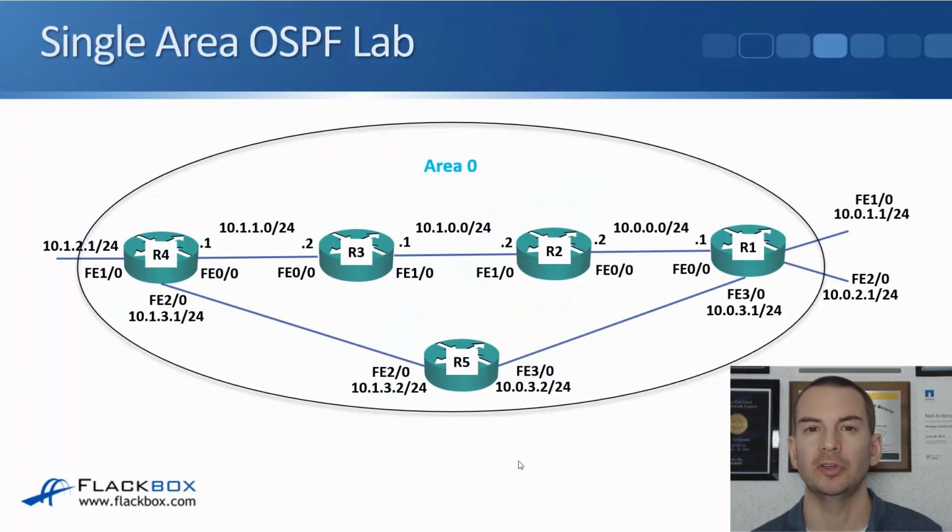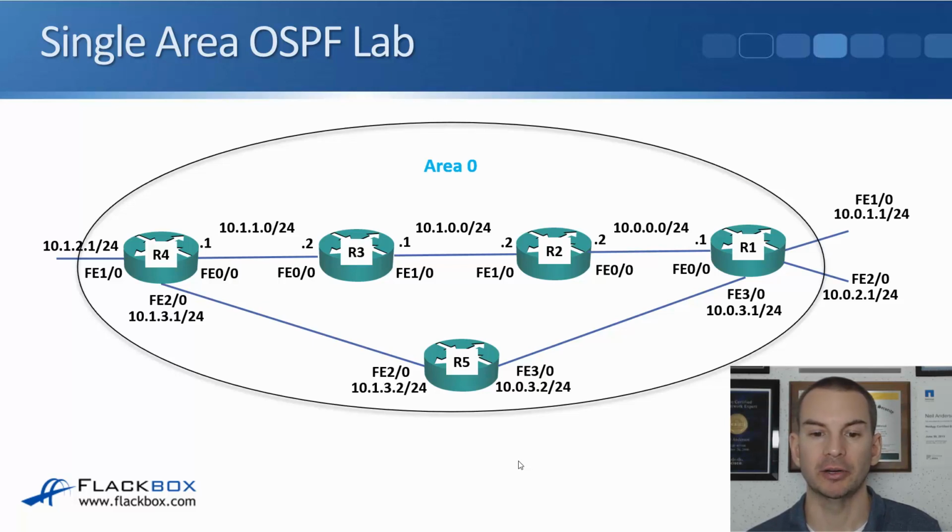In this lecture, you'll learn about multi-area OSPF through a lab demo. In the previous OSPF labs, we've had all our routers in area 0, as you can see in the topology diagram here. We've got 5 routers, R1 to R5.